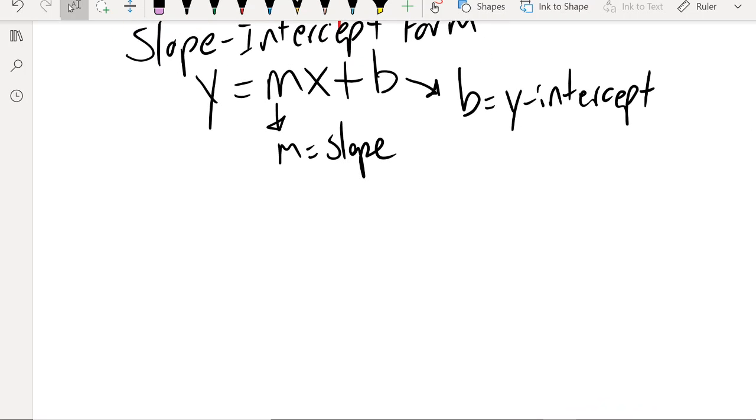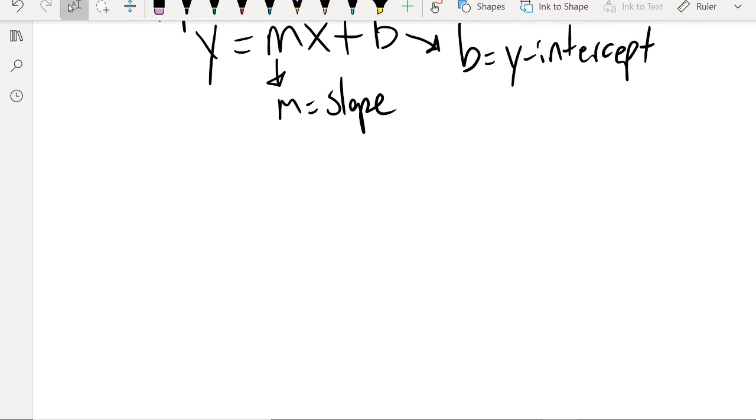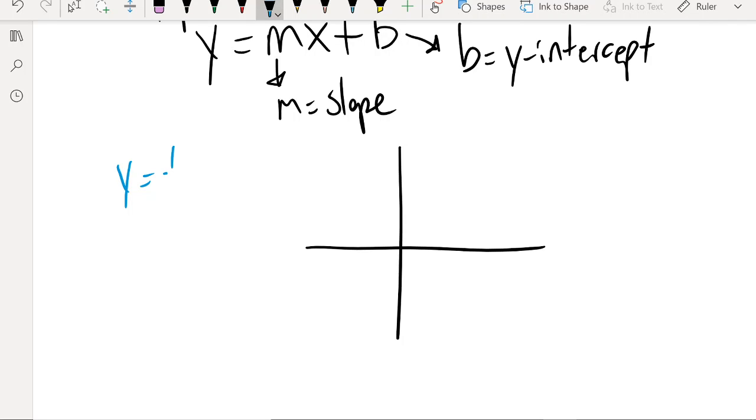If you've graphed a line before, you know how it works. If not, let me give you a quick example. Let's say y equals 1/2 x plus 1. Then we go up one space and put a point. How did I know that from this graph?